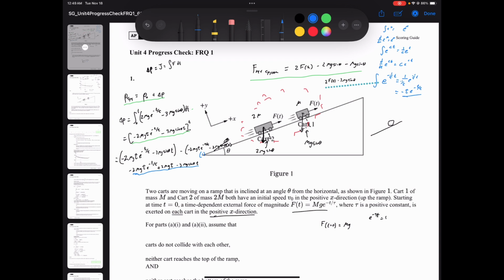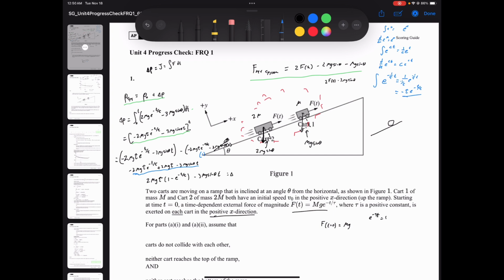And to simplify this overall expression, I'm going to factor out a 2mg tau. So I have 2mg tau here times 1 minus e to the negative t over tau, minus 3mg sine theta times t.